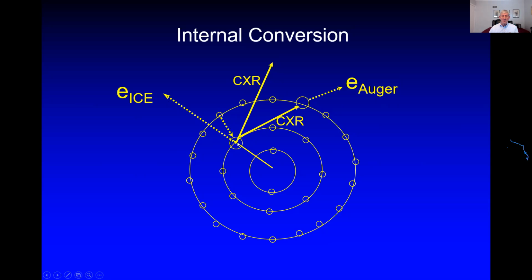Anytime any process knocks out an electron, we're going to get these X-rays and Auger electrons, even if it's visible light or some other kind of electromagnetic radiation. Anything that ejects an electron will result in X-rays and Auger electrons.